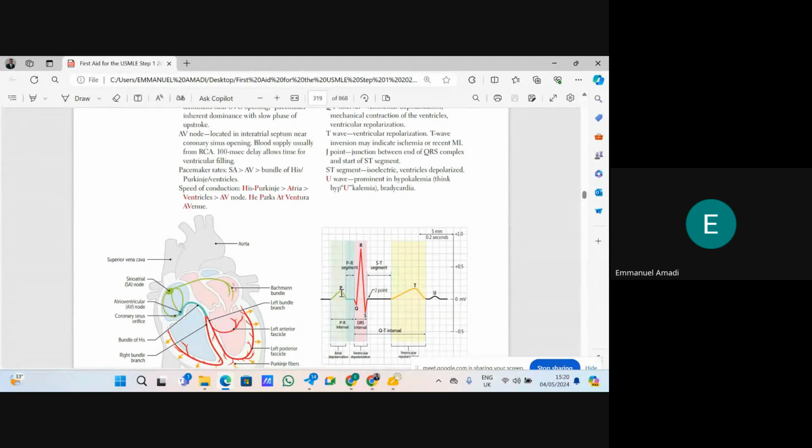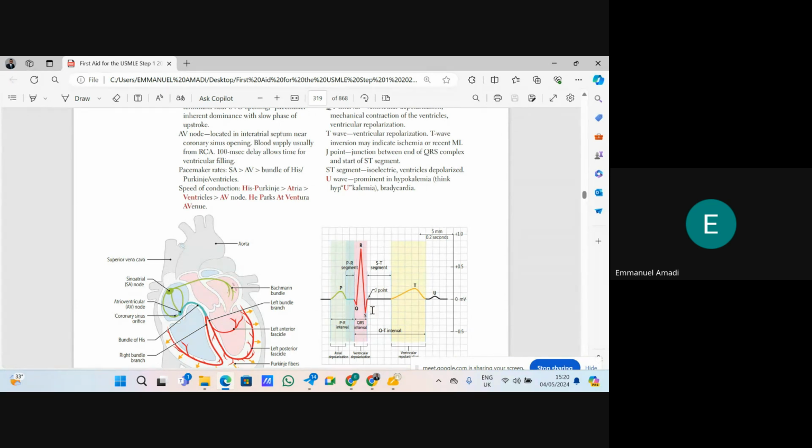Now, after the atria has contracted or depolarized, the ventricle will follow. But you will need a small interval for that impulse to move from the atria to the ventricle. That is where the PR segment comes in. The PR segment is what slows down that impulse, so it gives some time for that impulse to move from the atrium to the ventricles.